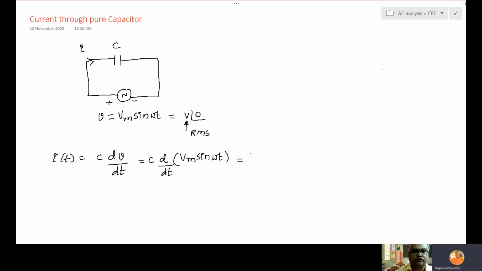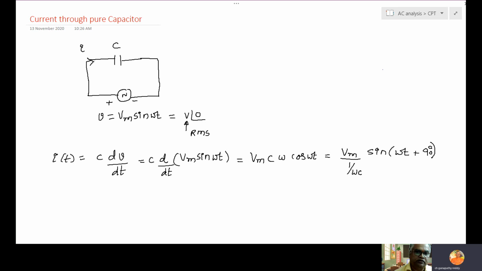So differentiation of this is Vm C omega cos omega t. We can also write it as Vm by 1 by omega C, and cos omega t I can write as sin omega t plus 90 degrees.